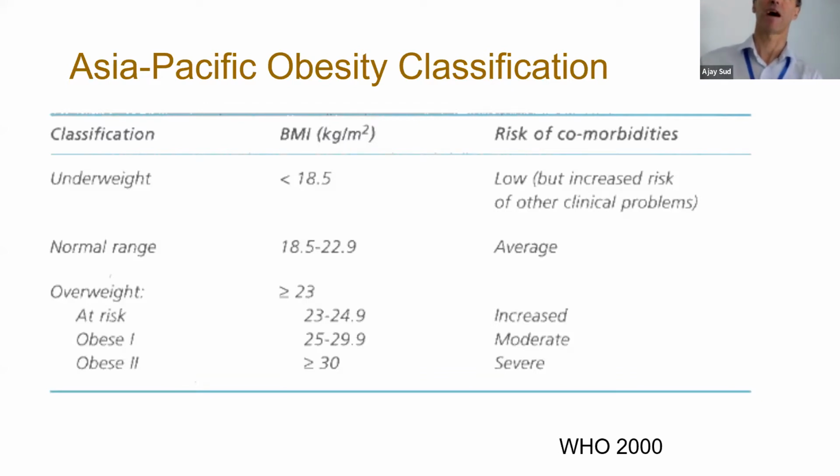And that's based on the fact that some of the complications of obesity, particularly those related to metabolic disease, diabetes being really the number one here, seem to occur at a lower body mass index, but maybe that's because of different fat distribution in those populations. So again, another layer of complexity that we have to remember and think about.